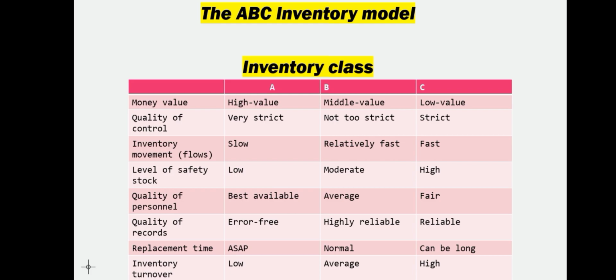Quality of records: A is error free, B is highly reliable, and C is reliable. Replacement time: A is normal, and can be long. Inventory turnover: low, average, high. So as you can see, it is more on the positive side for A.